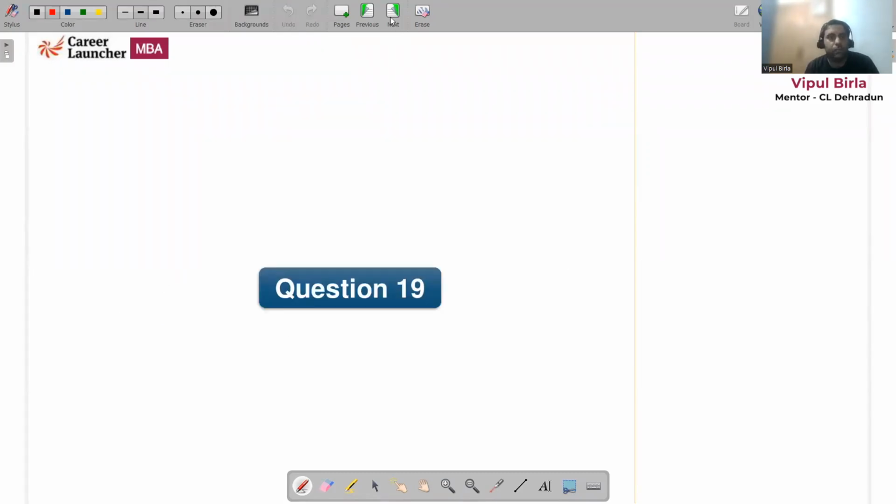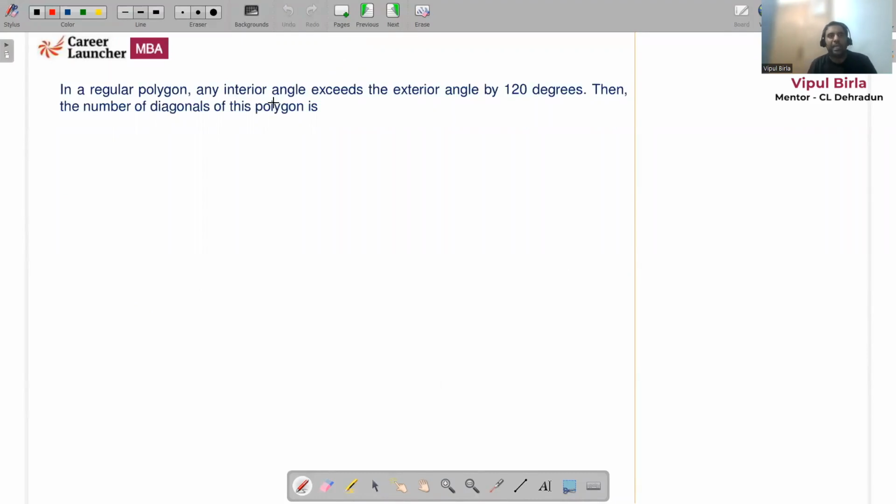Question number 19. In a regular polygon, any interior angle exceeds the exterior angle by 120 degrees, then the number of diagonals of this polygon is.